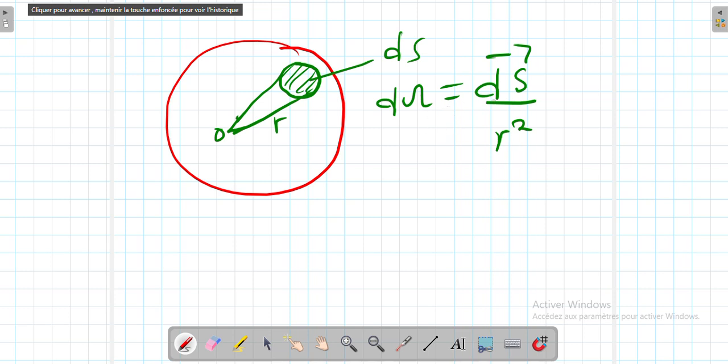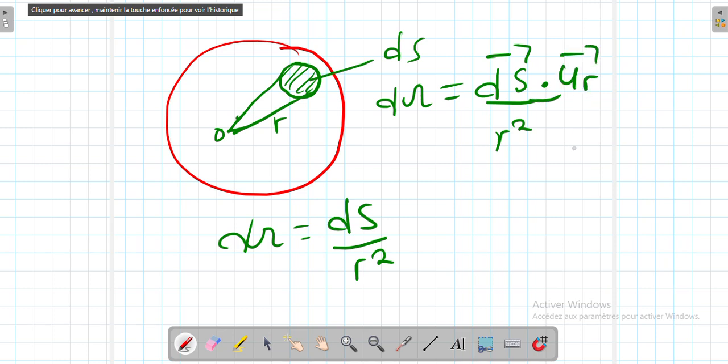So we said that d omega will be equal to ds over r squared when we're not talking about magnitudes, but when we're talking about vectors, it will be ds dot ur, in terms of vectors. We're no longer going to be dealing with the earlier formula.